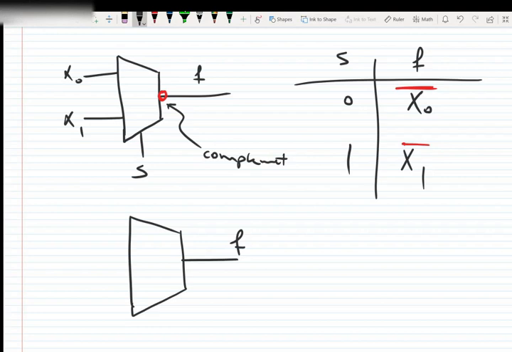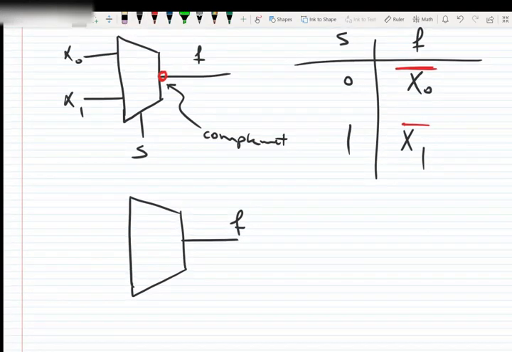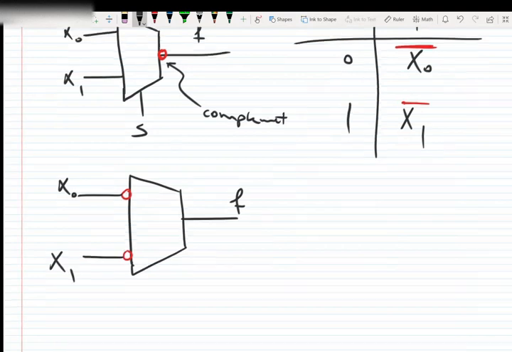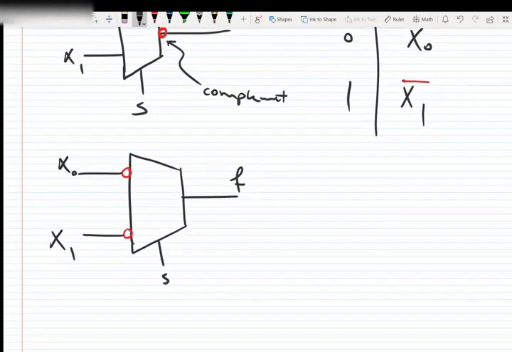but instead of adding that circle to the output, we add it to the inputs like this? What would happen? Okay, again, we have x0. This x0 transfers to the inside of the multiplexer.